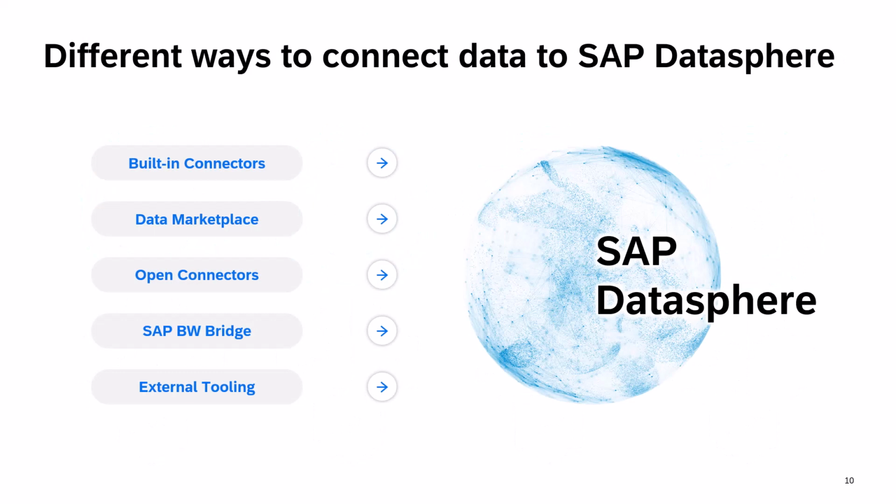If we look at connectivity, there are different ways to connect data to SAP Datasphere. First of all, there are of course built-in connectors we deliver out of the box with the solution. Then we have a capability called the data marketplace, where external data providers could provide you with external data, but the marketplace is also something which could be used internally.